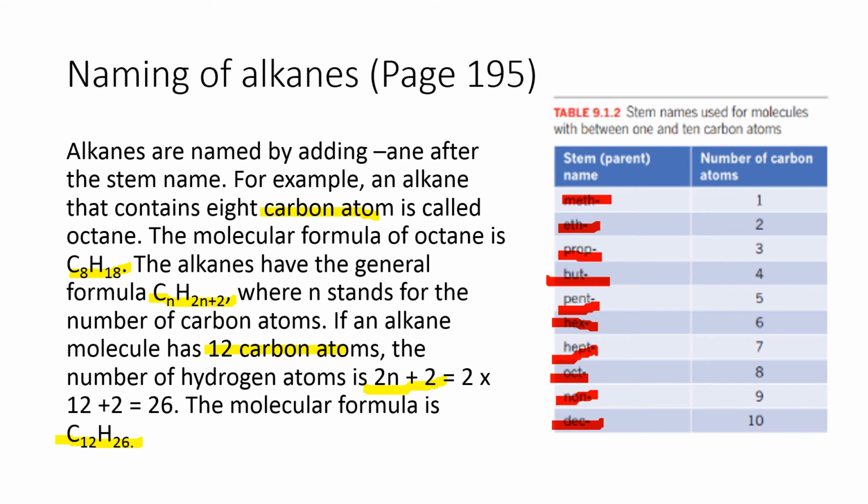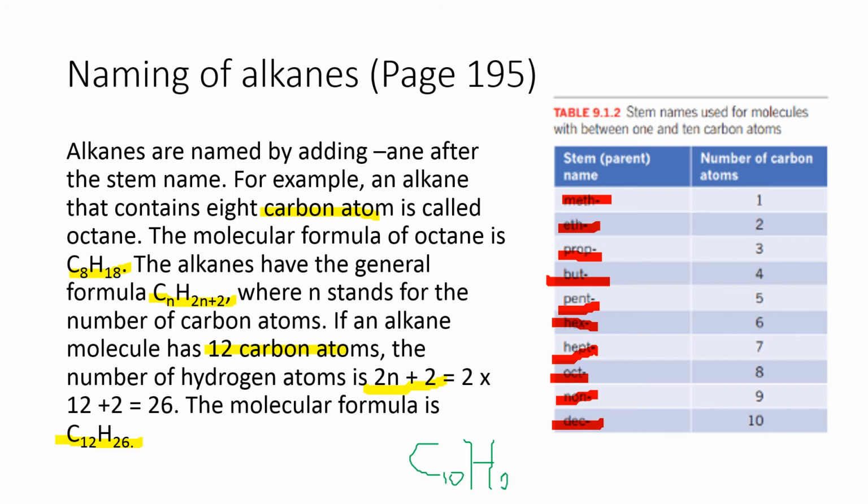Let's just say that the number of carbon is 10, so we're looking at the decane structure. We know that the number of hydrogen will be 2 times 10 plus 2. So what do you think is the number? 2 times 10 is 20 plus 2 is 22, which means that your decane structure will be made up of 10 carbon and 22 hydrogen.